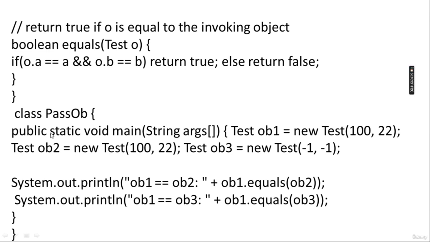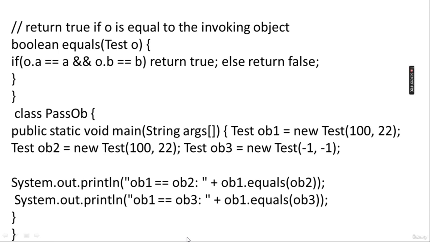Now in the main function, I have created three objects. First one is new Test(100, 22). Second is 100, 22. And third one is -1 and -1.